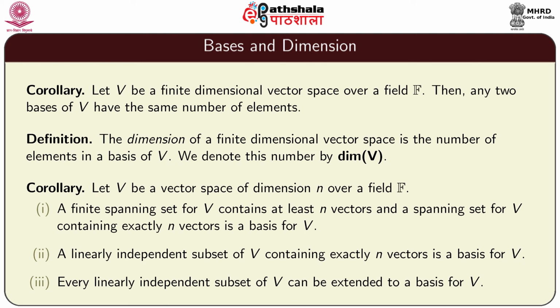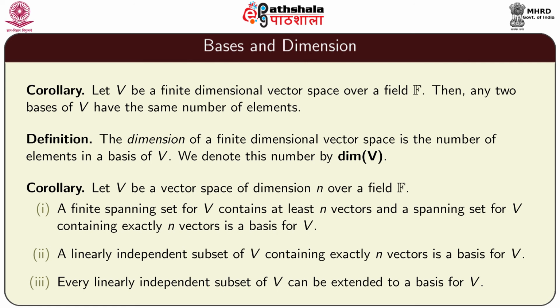Then you get an inequality in the number of elements of B1 and B2. And when you reverse the roles of B1 and B2, then you get the reverse inequality in terms of number of elements of B2 and B1, which would prove that the number of elements of B1 is the same as the number of elements in B2.